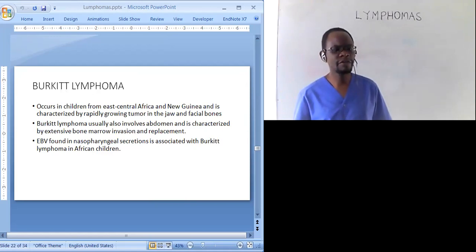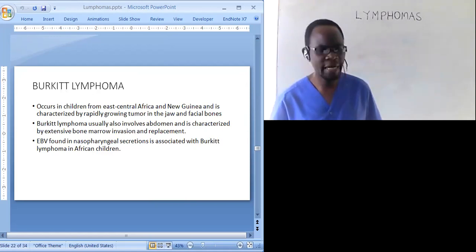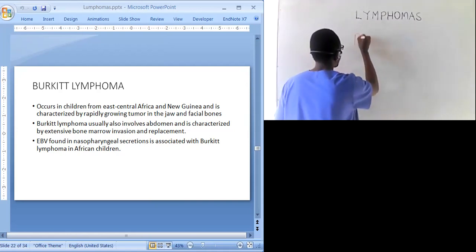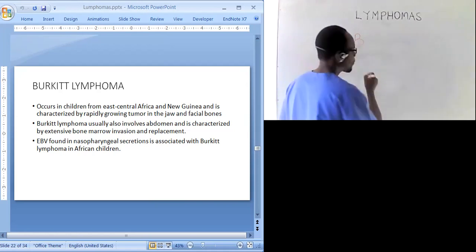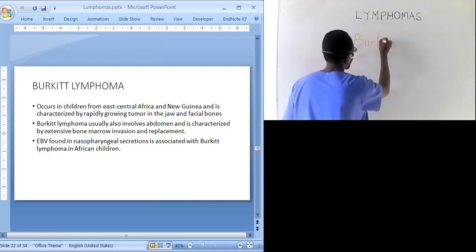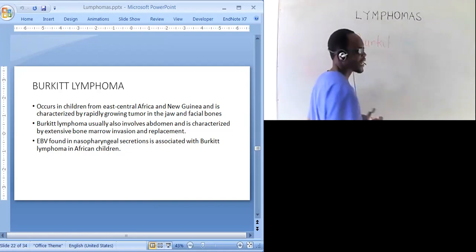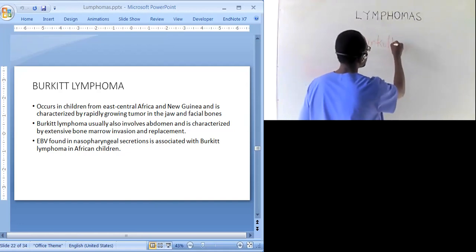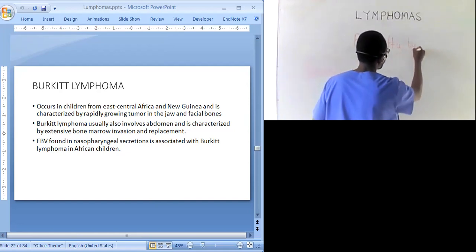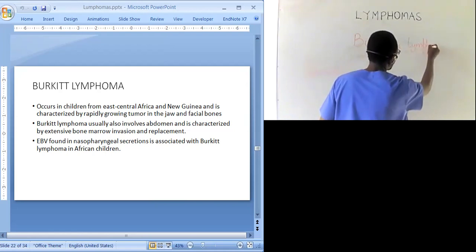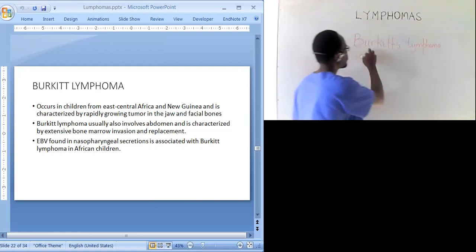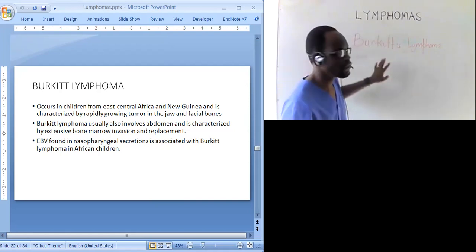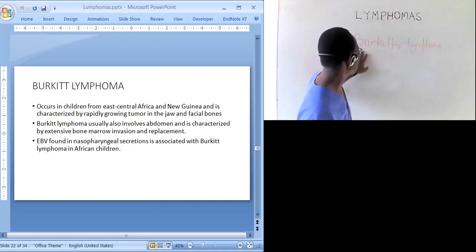All right. So the other kind of lymphoma that I want to talk about is Burkitt's lymphoma. This lymphoma is named after Professor Burkitt, who did a lot of work on this kind of lymphoma.